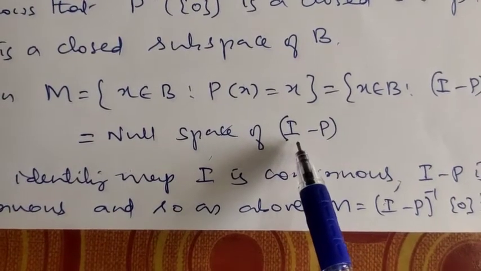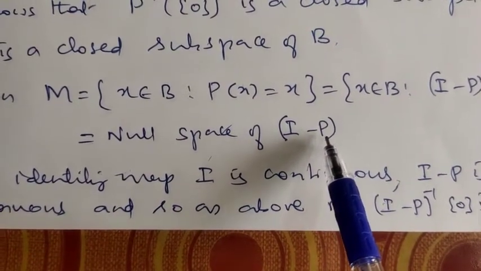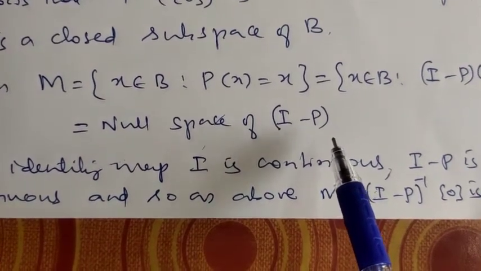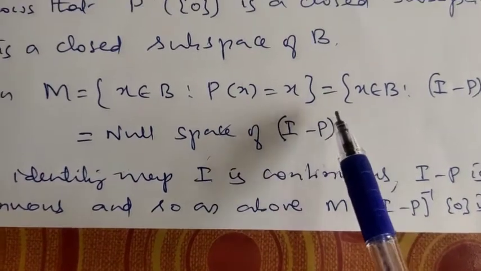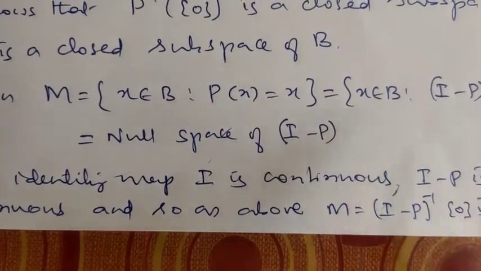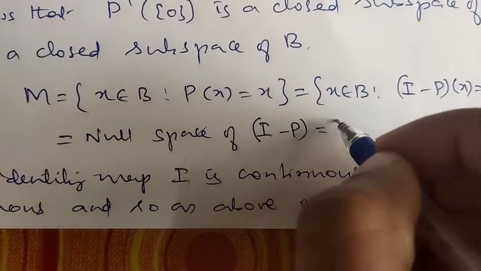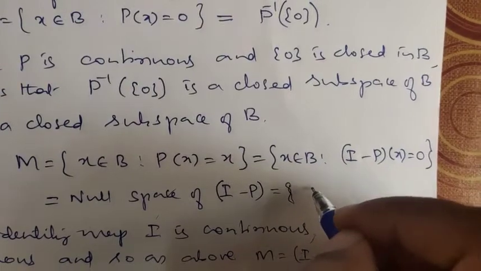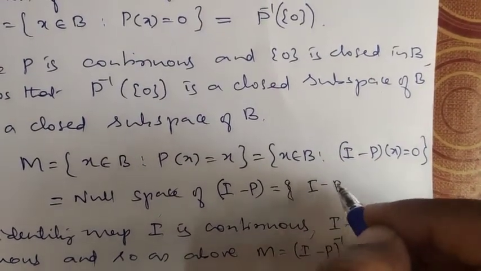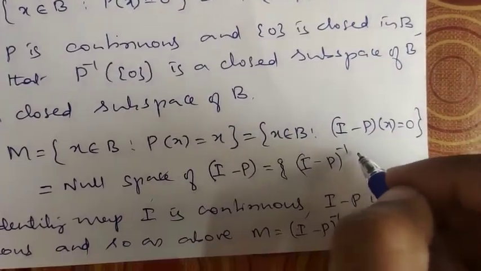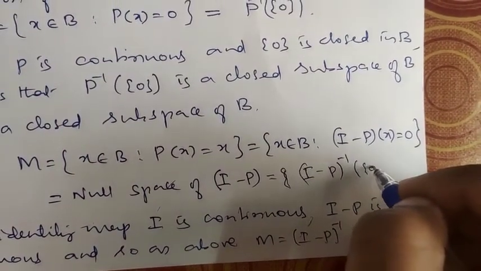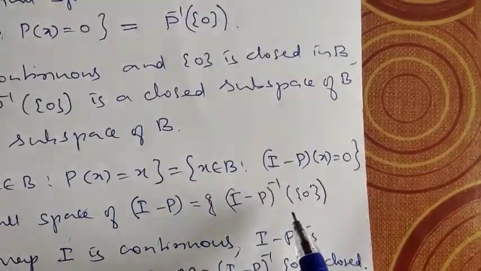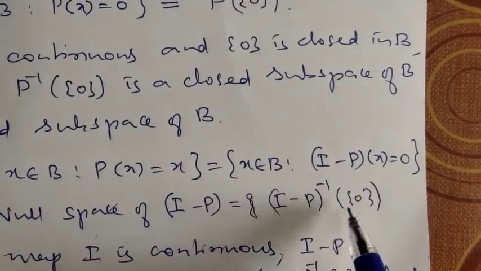Now the identity map I is continuous and P is continuous, and the sum of two continuous functions is continuous, therefore I minus P is continuous. This set is nothing but the inverse image of the singleton set 0 under I minus P, that is, I minus P inverse of 0.